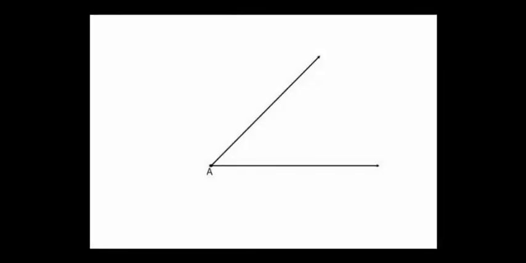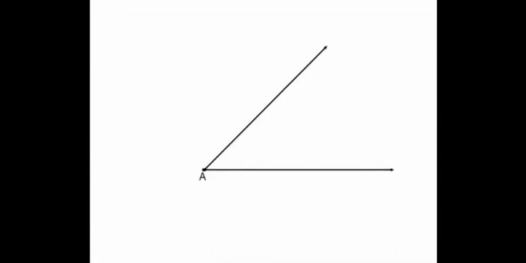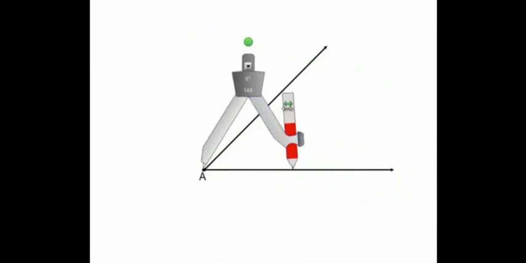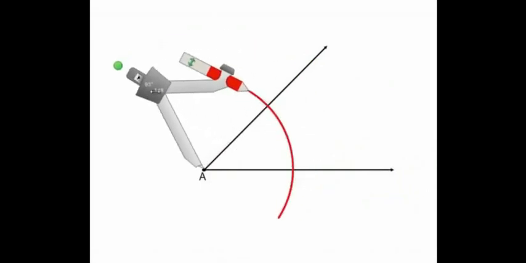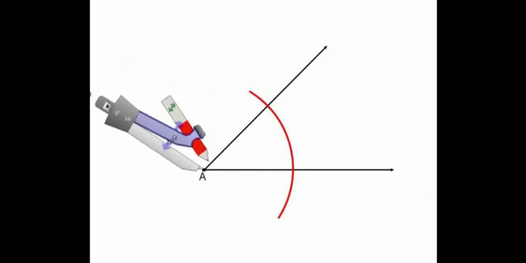So we have a given angle A, and what we're going to do is place our compass point on point A, open up our compass arm large enough so that it will intersect both sides of angle A, and make an arc.